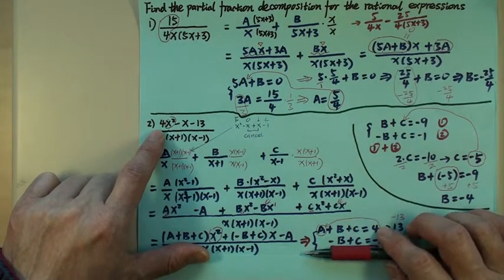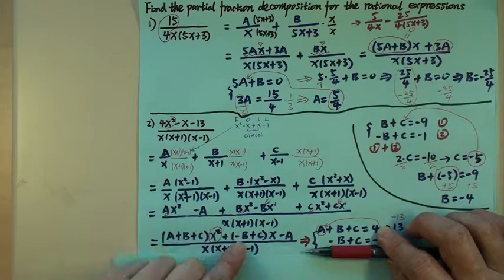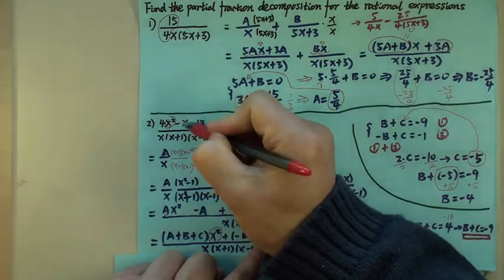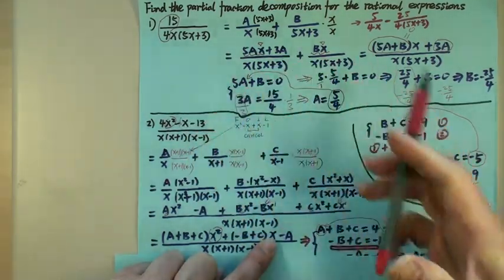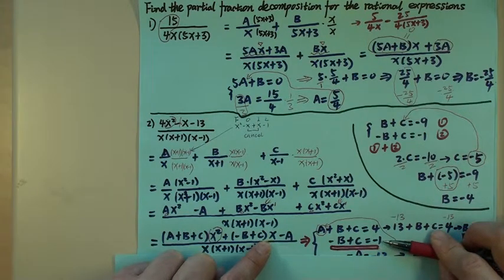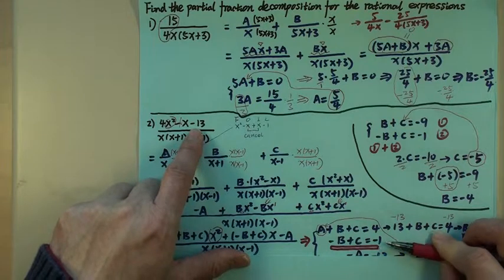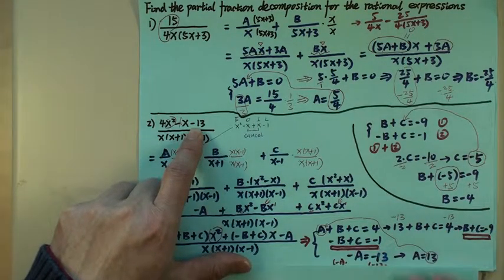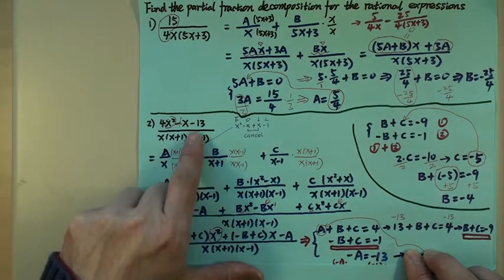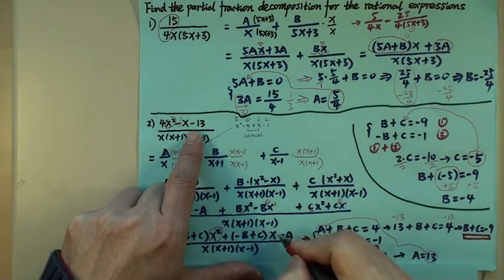Now the second one is negative b plus c in front of x, but we know here it is negative 1, so negative b plus c has to be negative 1. Now then, negative a has to be negative 13. This is what I wrote.